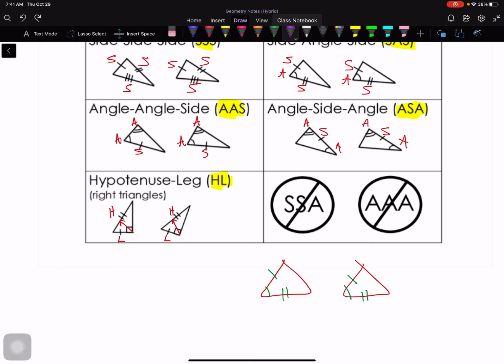But I'm not giving you that angle. I'm going to give you this angle here and this angle here. Okay, so if you follow the triangle, we have side, side, angle, side, side, angle. That's not enough either. The angle has to be in between the 2 sides in order for it to work. So there you go. That's everything from section 3.3.